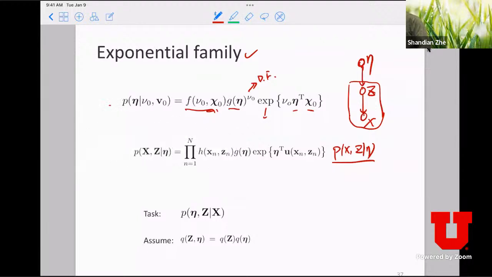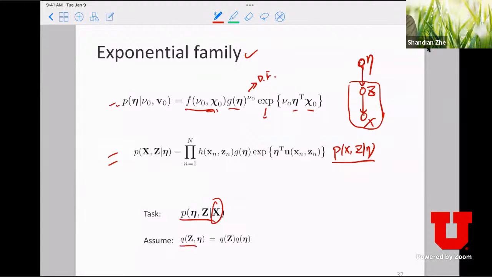Now that we have defined this joint distribution over the natural parameter eta and the likelihood of z and x, suppose our task is to compute the posterior distribution of eta and z given observed data x. How can we do that? Even though the prior is conjugate to the likelihood, you're still not able to compute the exact posterior, so we need to seek some approximation.